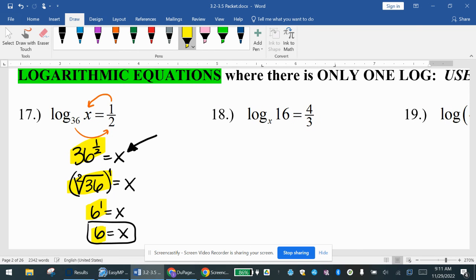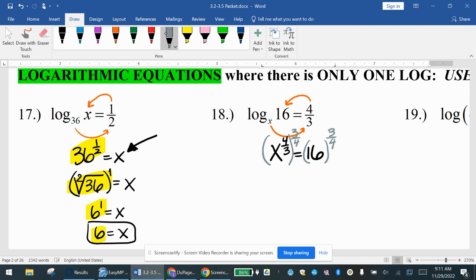Again, if you have a single log and you have to solve for x and it looks a little complicated, rewriting it into exponential might make it easier. So x to the 4/3 power equals 16. This looks very similar to the problems we did yesterday, where we are going to raise both sides to the reciprocal of the given exponent.